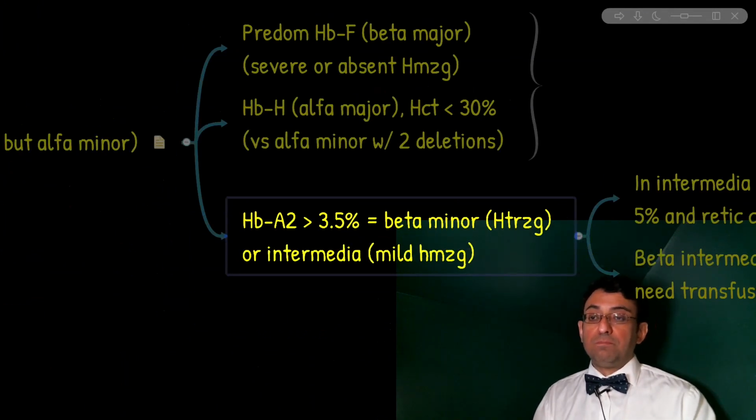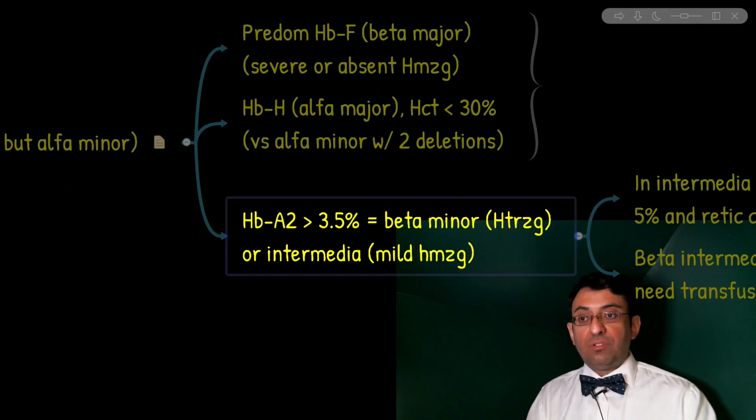Okay, next question. A patient with occasional fatigue and dyspnea has normal RBC and iron indices, with the exception of MCV of 64 femtoliter. What's the next test to order? Now, the first question to ask ourselves in this case is, are we dealing with not only thalassemia, but possibly a sideroblastic anemia?